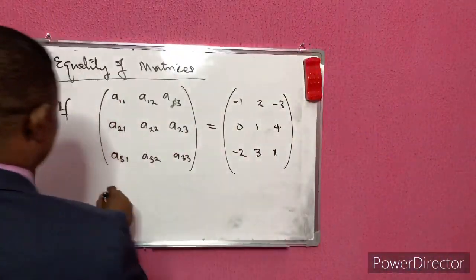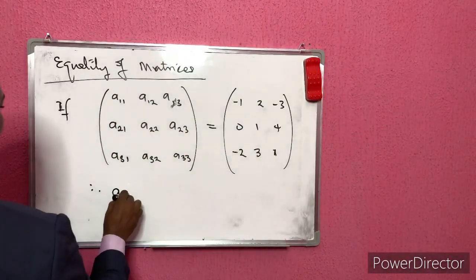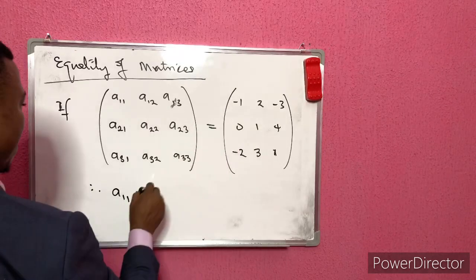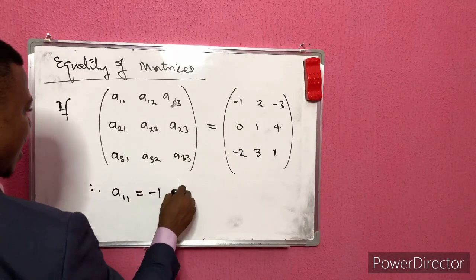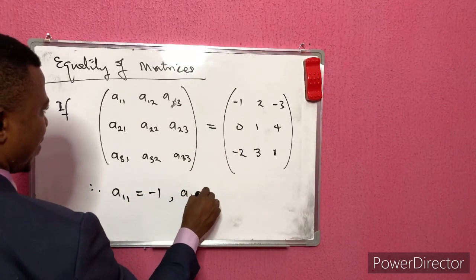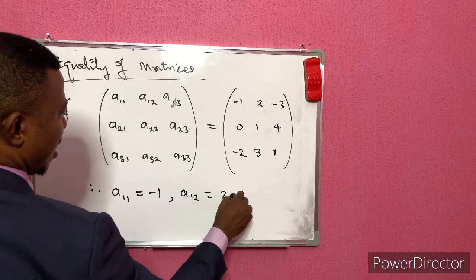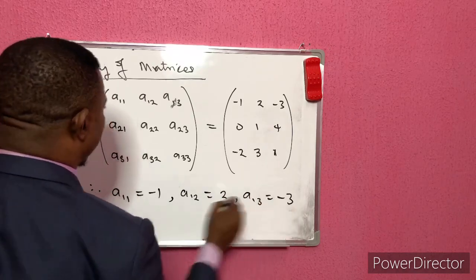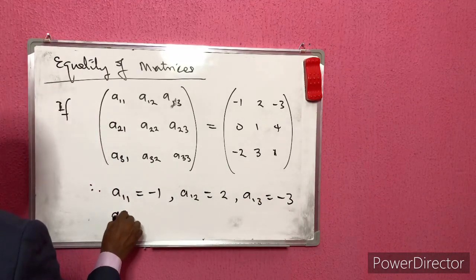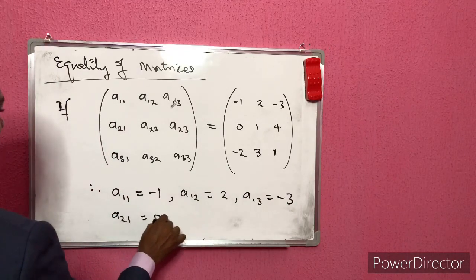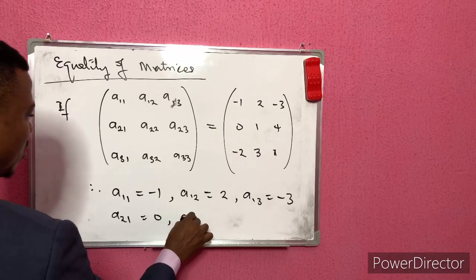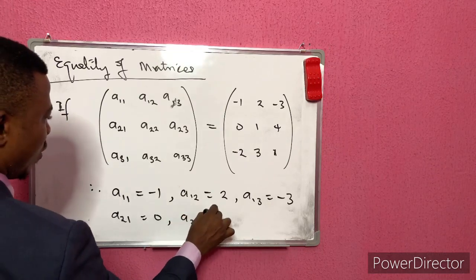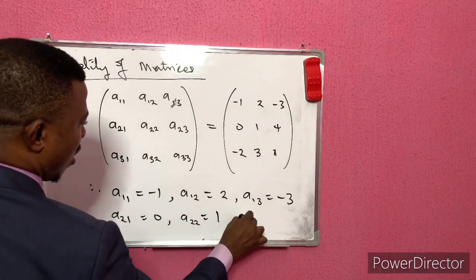Therefore, A11 corresponds with minus 1. A12 corresponds with 2. A13 corresponds with minus 3. A21 corresponds with 0. A22 corresponds with 1, and so on.